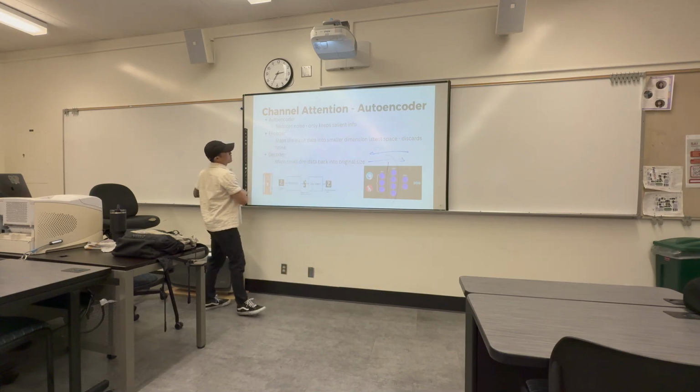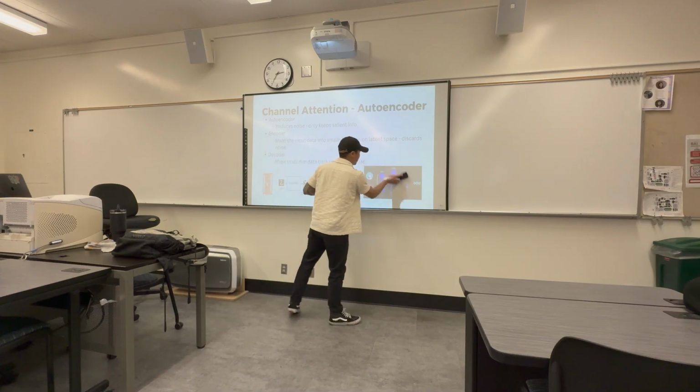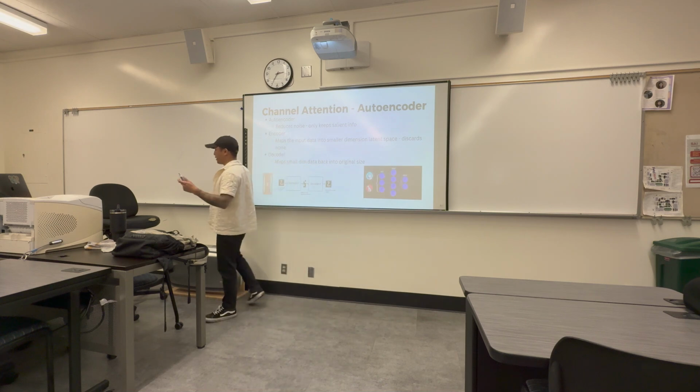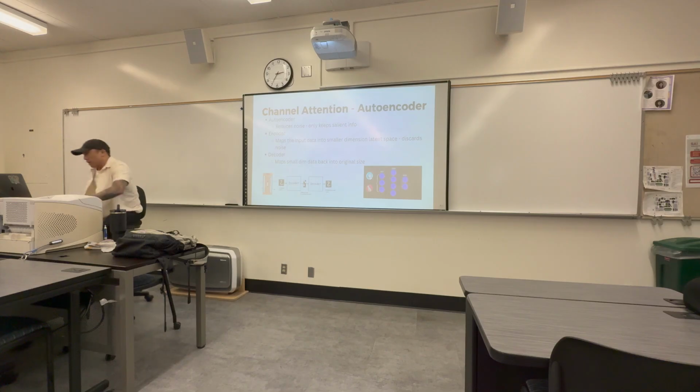So this is the operation that's happening. We're taking our vector from the global max pool and the global average pool, and we're running it through this autoencoder. And instead of extracting features or mapping the input data is a vector with channels of information.